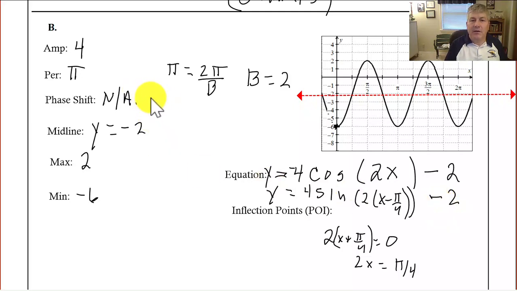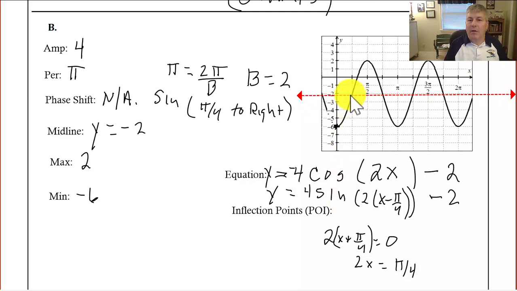But then here we'd have a phase shift. If it's sine, we'd have a phase shift of pi over 4 to the right. So it depends on what you choose. If you choose a cosine curve, there's no phase shift. Or if you choose a sine curve, then we have a phase shift of pi over 4 to the right.